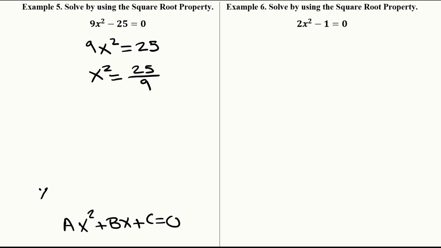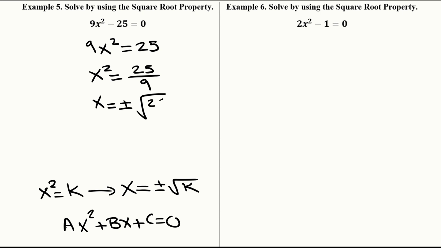Notice that now you're in the form of x squared equals some constant, right? So now we can apply the square root property, which says x must be plus or minus square root of that constant. So here we're going to get x equals plus or minus square root of 25 over 9.